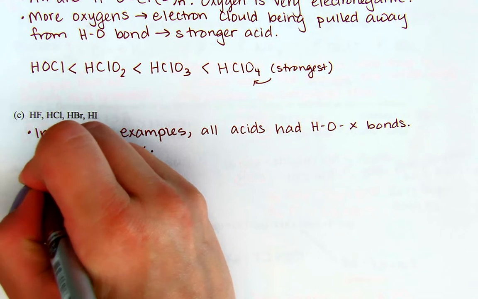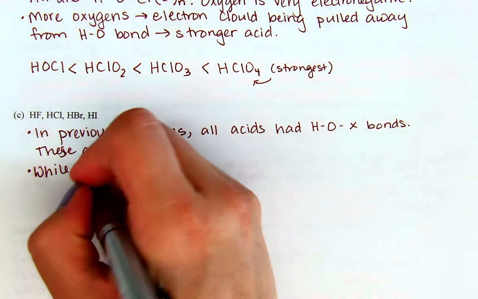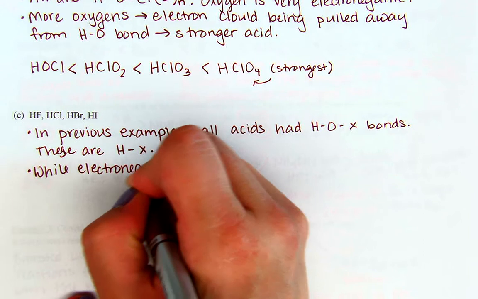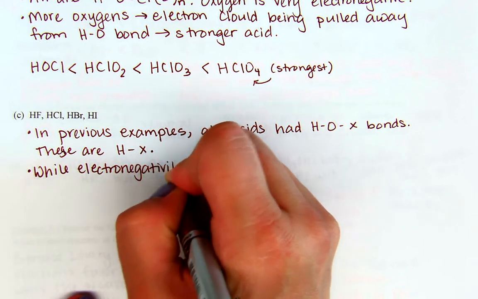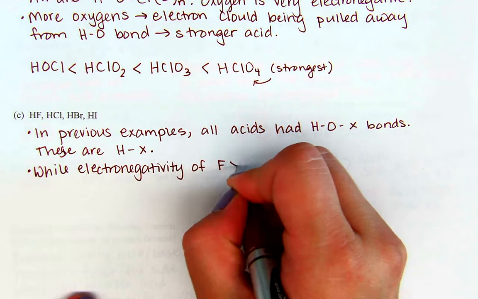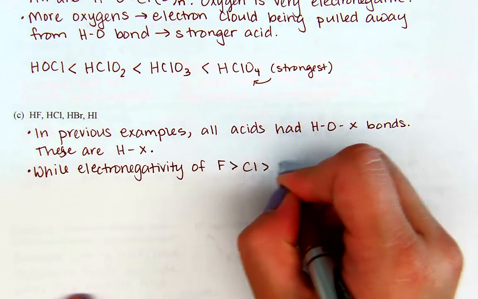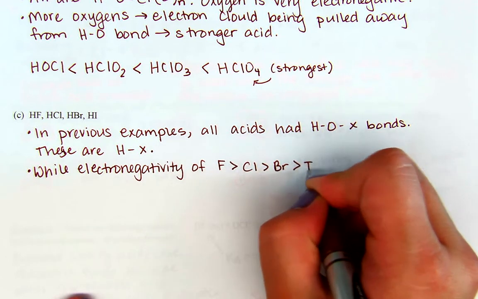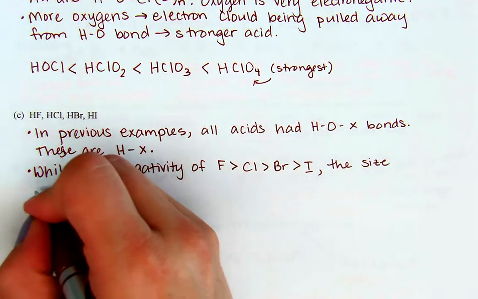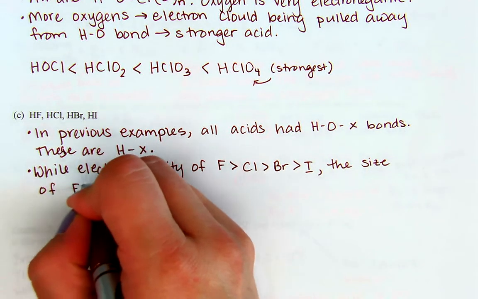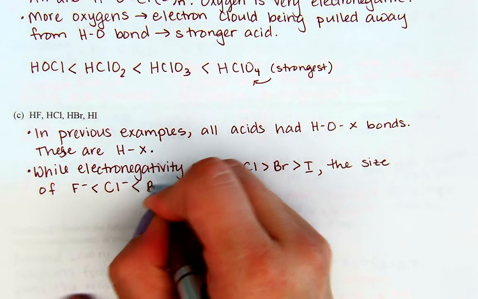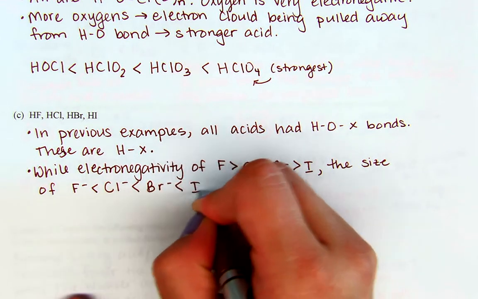So, let's summarize. While the electronegativity of fluorine is greater than chlorine, which is greater than bromine, which is greater than iodine, the size of F- is smaller than chloride, is smaller than bromide, is smaller than iodide.